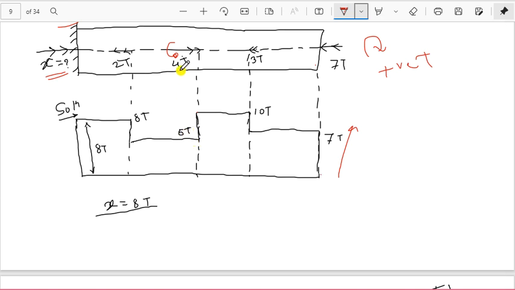Then again going from right to left, there is no other torque till this point, so this magnitude 6T will be as it is until this point.